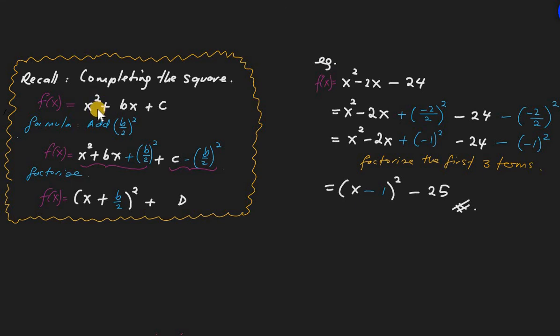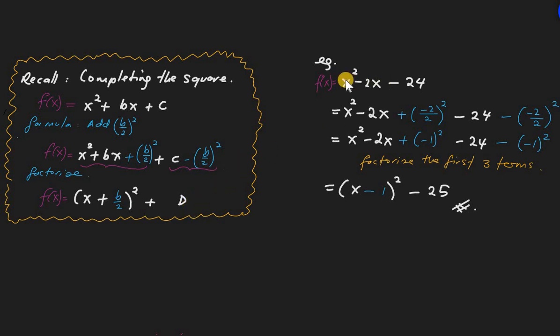So if we have the quadratic being 1x squared plus bx plus c, let's call it f, the formula is to add b over 2 square. So add b on 2 square, and we deduct back the b on 2 square. This is not an equation, right? So anything that we add, we need to deduct it back. But these 3 terms can easily be factorized. It will become x plus b on 2 square, plus a constant, let's call it d.